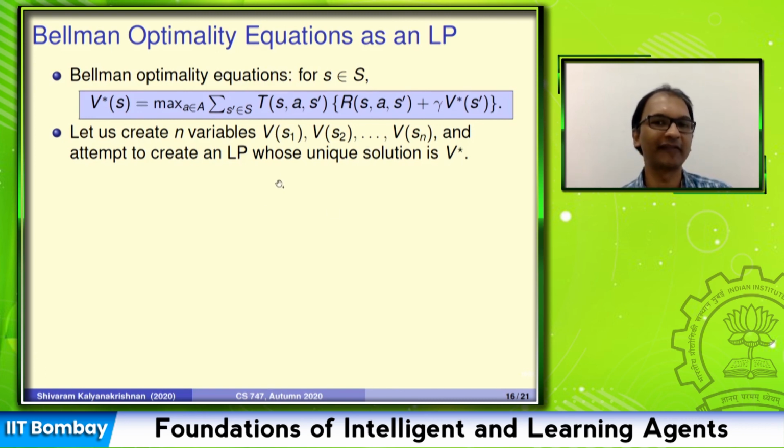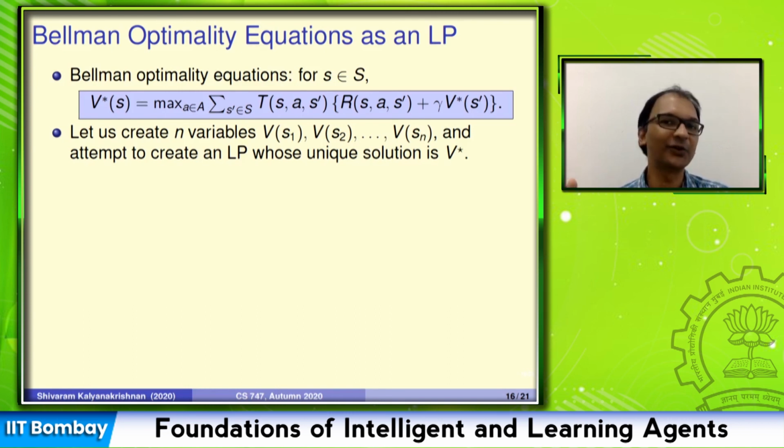So you want to have V of S1, V of S2, through V of Sn, with the hope that you will somehow involve these in an LP. You'll put linear constraints on them, and you'll set up a linear objective function so that the solution to that LP will actually be V star. That is the direction in which we are proceeding. So we will go with this choice of having n variables, and let's just denote them V S1 through V Sn.